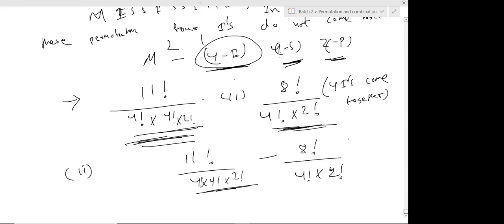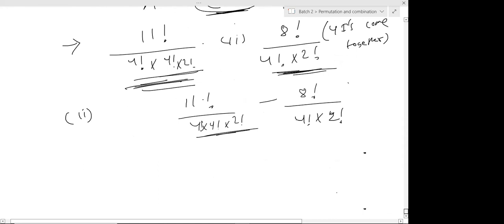Is this an NCERT question? Yes, Rahman, this is a question from the NCERT. All right. Is this clear till now, everyone?